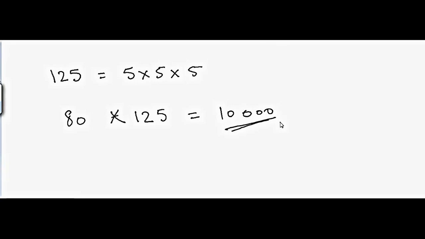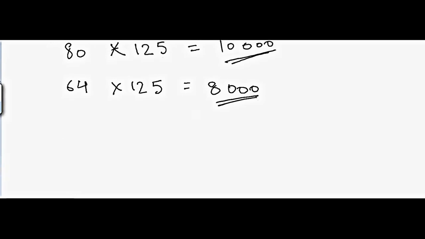Again, let's take another example. If I have 64, as we know that 8 into 8 is 64. In this case, if I multiply by 125, that will be equal to 8, because we divided 64 by 8, and then put 000 in the end, so it will be 8000.